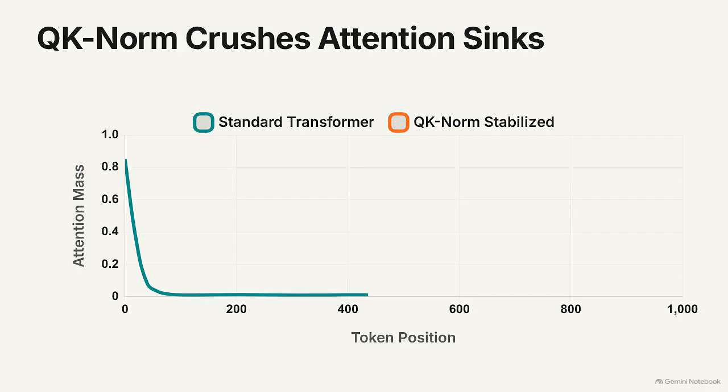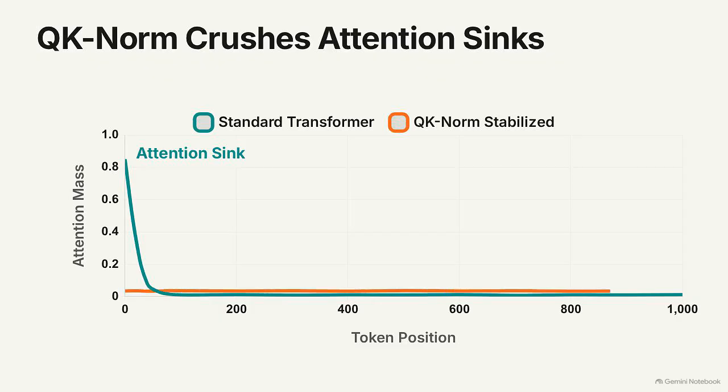This graph shows standard transformer attention distribution over a long document. We see a sharp, highly localized peak targeting the earliest tokens, but introducing QK norm to stabilize the model entirely flattens this distribution. It raises entropy, spreading the attention mass out evenly.